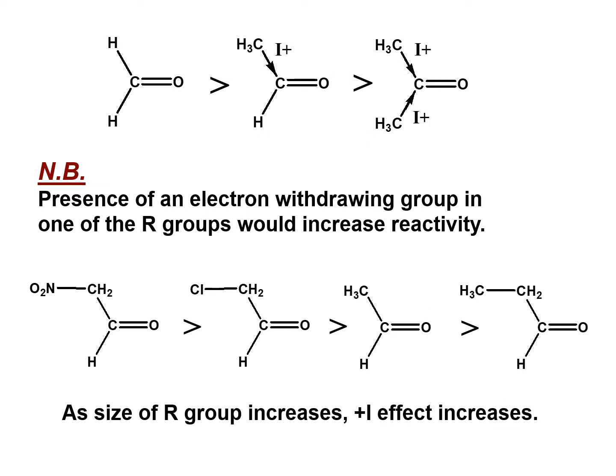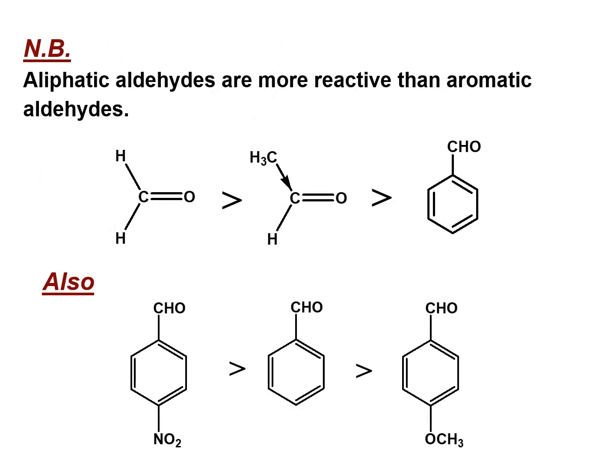As we have mentioned, if you add electron donating groups to the side chain, this reduces their reactivity, while if you add electron withdrawing groups to the side chain, this improves the reactivity of these compounds. And again, if you discuss the order of reactivity of aromatic carbonyl compounds versus the aliphatic carbonyl compounds, we will find that the aliphatic are more reactive because of the electron donation power of the benzene ring.